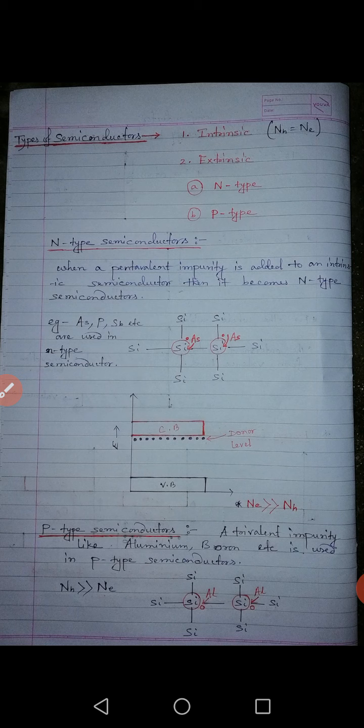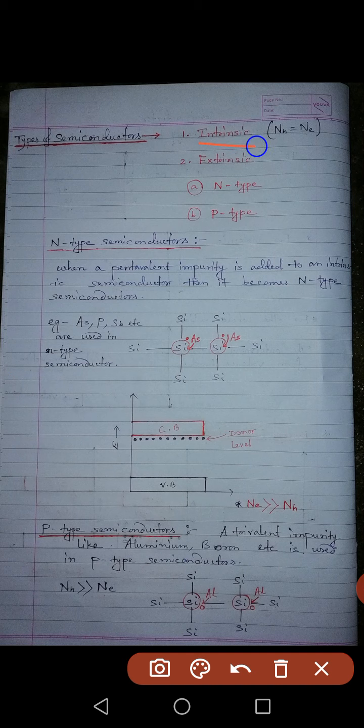How many types of atom will be there? Only one type, which is silicon. No impurity is added. Those are called intrinsic semiconductors. In the case of intrinsic, the number of holes and the number of electrons are the same, as I just told you.